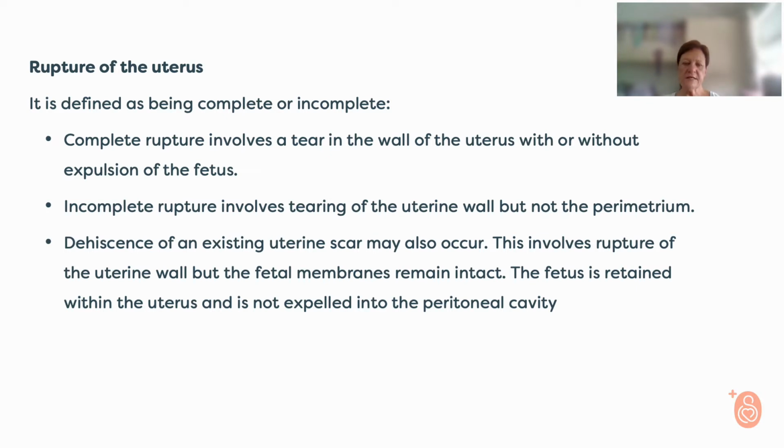In this case, where the uterine tear or dehiscence of a uterine scar, it's usually a smaller rupture, and the fetal membranes most of the time remain intact, so the fetus is still in the uterus and not being expelled into the peritoneal cavity like in the first case.